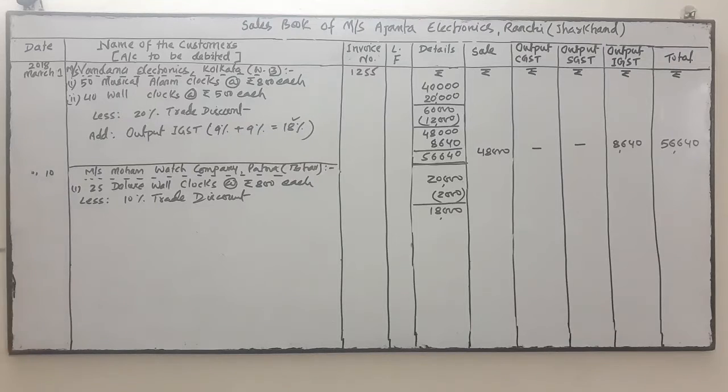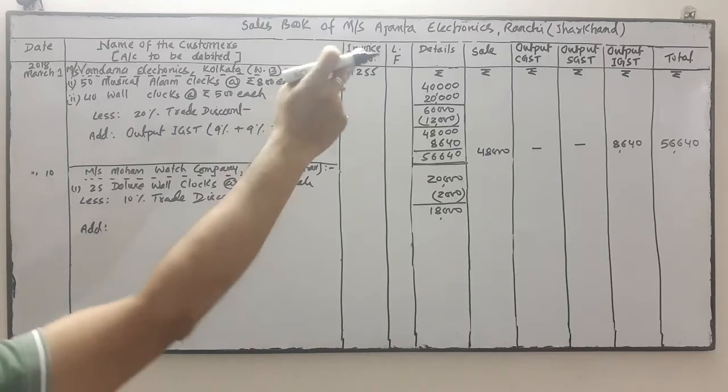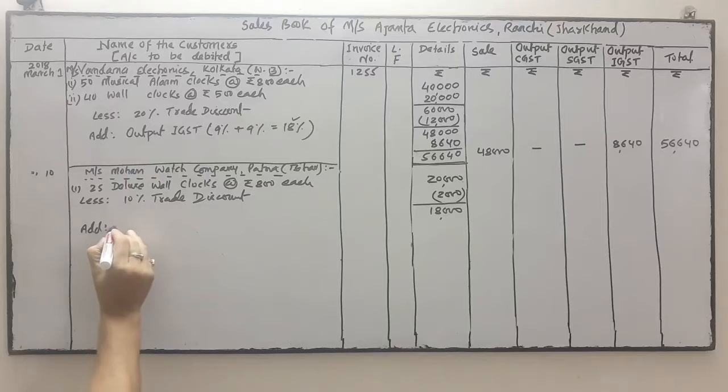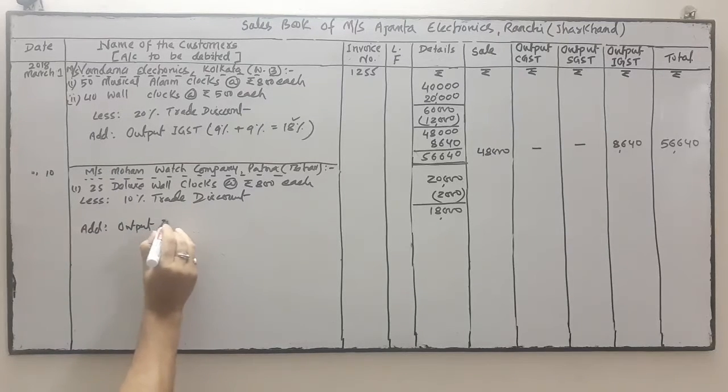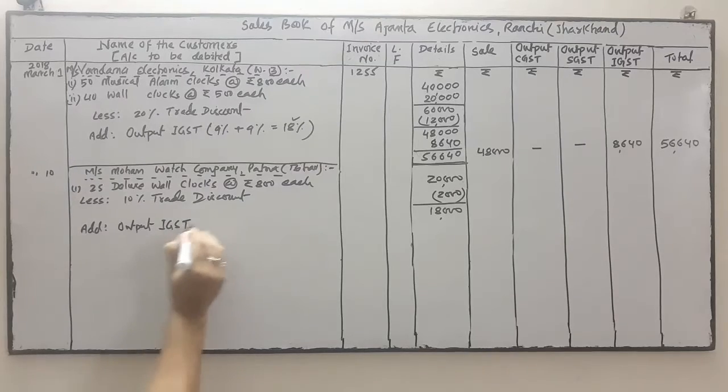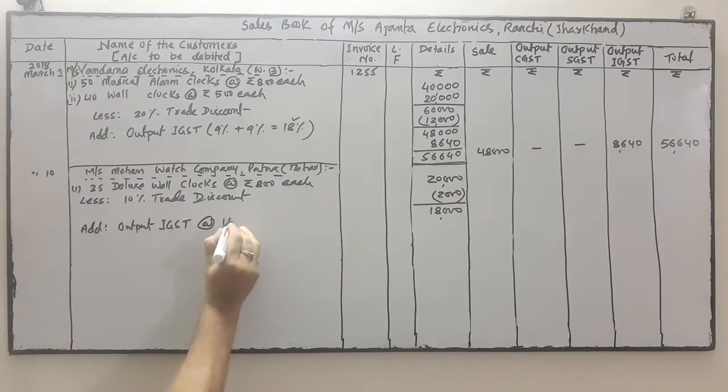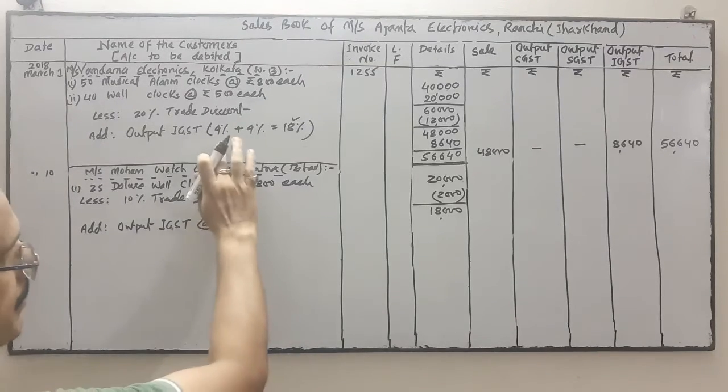Now we'll calculate output IGST as it is an interstate sale, from Jharkhand to Bihar. Output IGST will be calculated at the rate of 18%, both 9 plus 9.